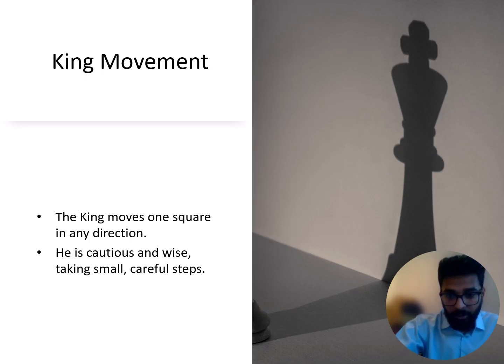One of the most important pieces is the king, because the goal of chess is to trap the king. And to remember it story-wise, the king is old but wise, so it takes each step carefully.